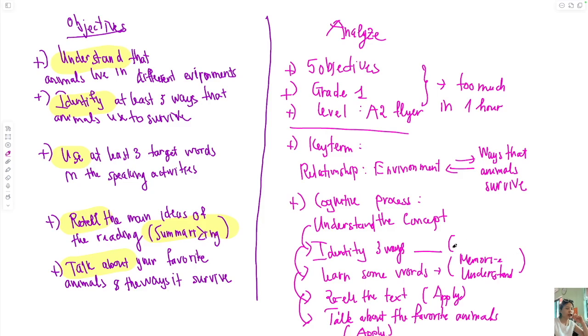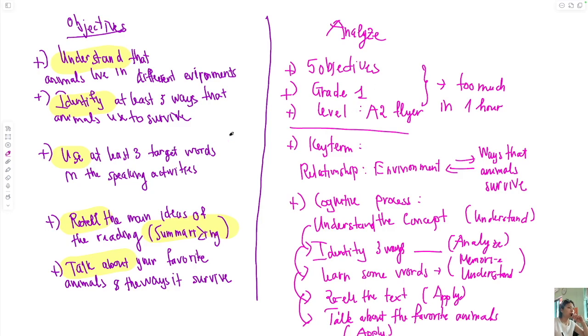Memorize. And this, I believe, is analyze. And the first one, we understand.